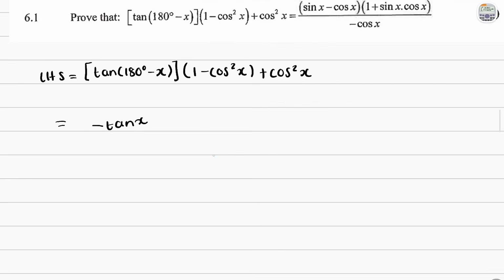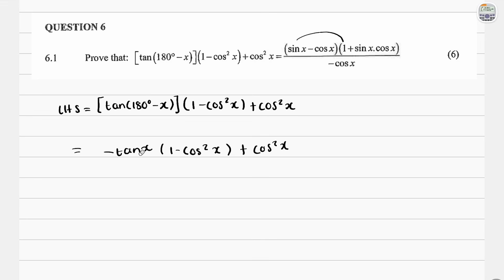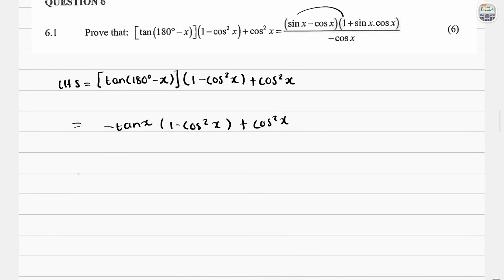So I'm just going to leave it like this and then say multiply by 1 minus cos squared x and then plus cos squared x. Or let's just see. Okay, because this is clearly going to become, so it's tan x, it's going to become sine x over cos x. And so we can leave that cos x with a negative. So the denominator stays negative. And so this is what I mean. We can actually change that.